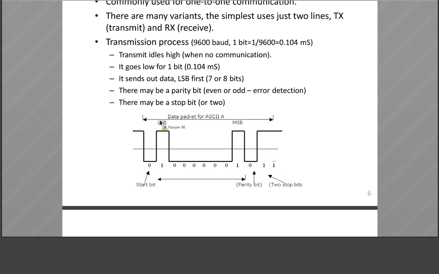Then from here to here we have the data packet, from LSB to MSB, by our configuration, for example 5, 6, 7, 8 or 9 bits. Here we see 1, 2, 3, 4, 5, 6, 7, 8 bits, a byte. Then we see a parity bit, which can be even or odd parity.